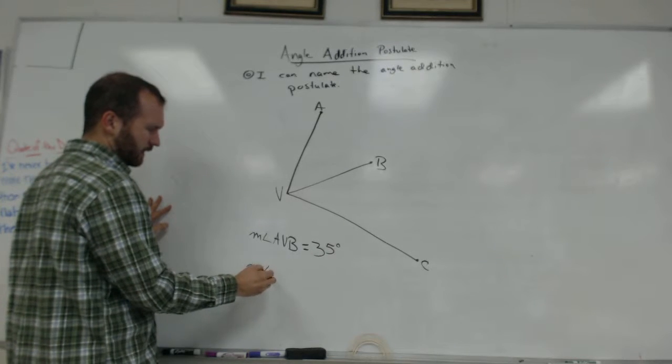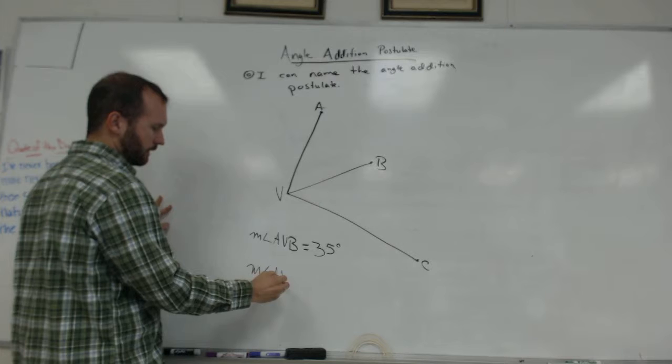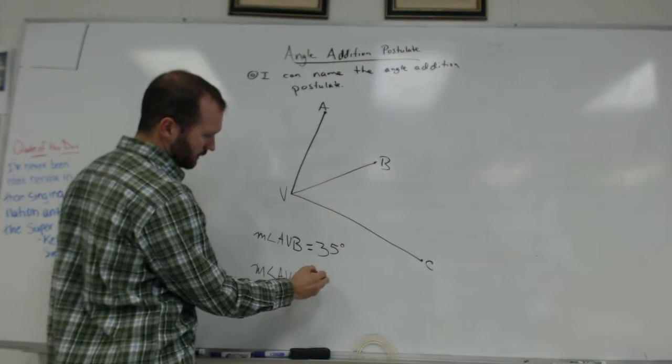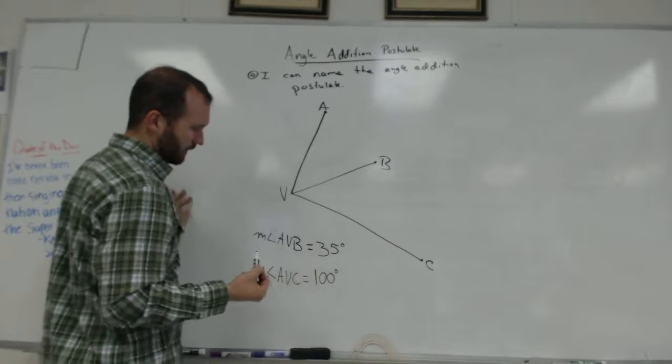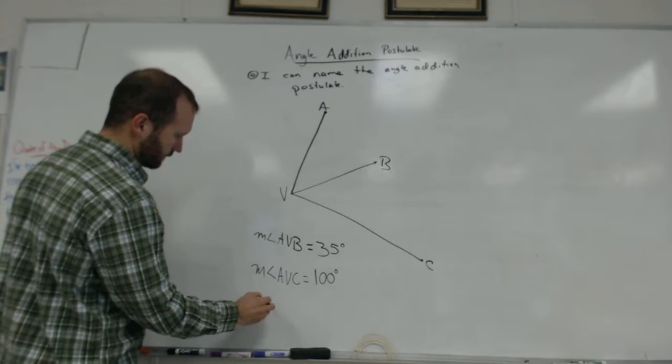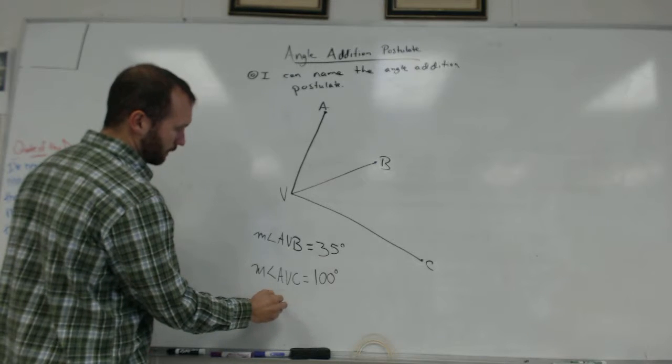The measure of angle AVC equals 100 degrees. What is the measure of angle BVC?